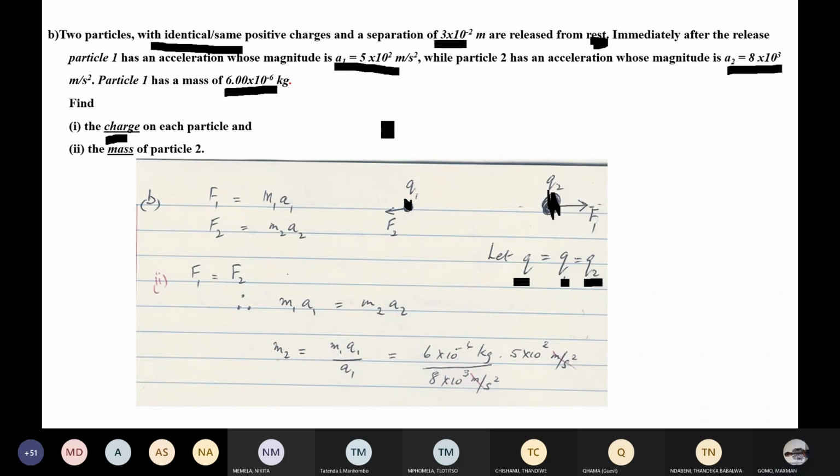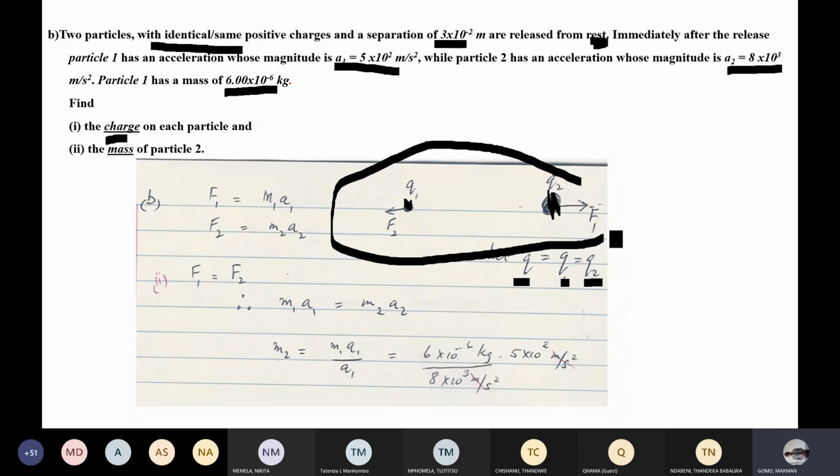But the same force can also be calculated using Newton's second law, which is F is equal to ma.